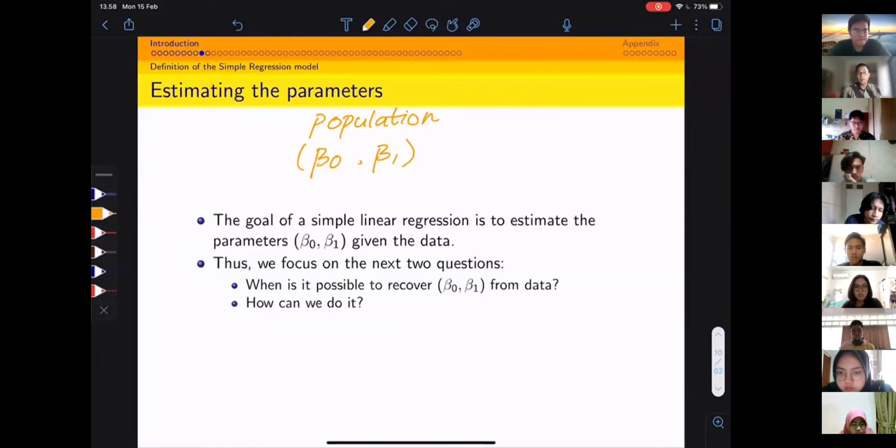This is going to be the discussion that we're going to have in several slides. Basically, we want to estimate the value of beta 0 and beta 1 using the data that we have.